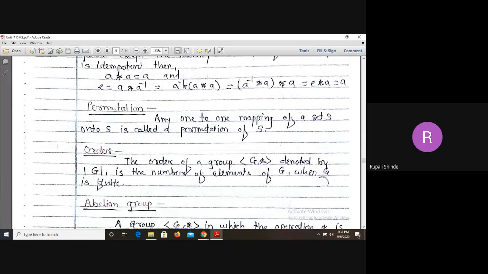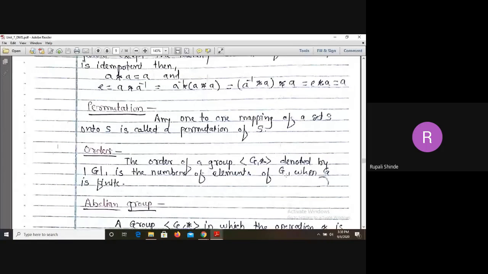The next definition is for order. The order of any group G is denoted by this line G. What is the meaning of this? This is the order of group G. The meaning of order is the number of elements of G. Suppose your group G contains 2 elements, then the order of that group is 2.